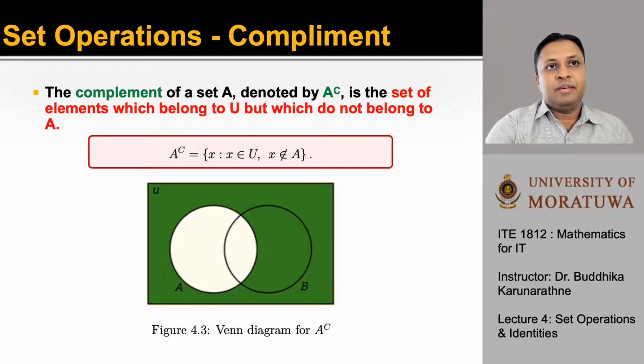You have the part colored in green. That is the area which is not represented by A. So except A, everything else. This is the complement of A.